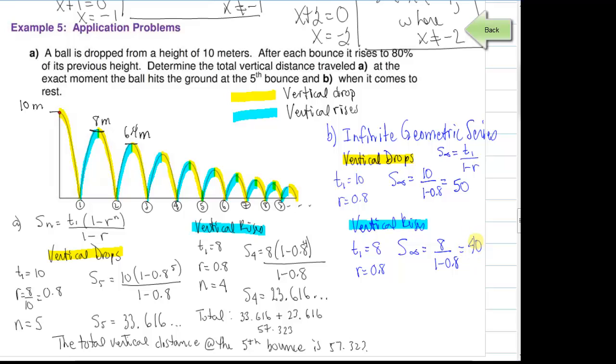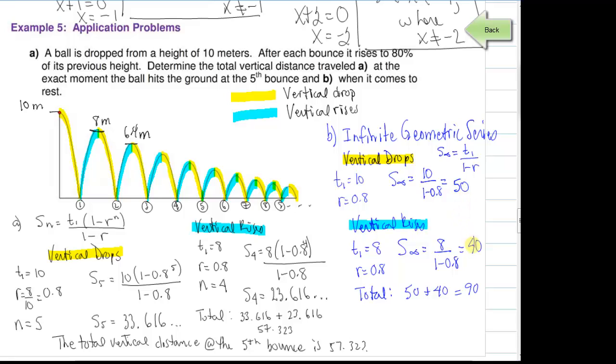Okay, so our total is 50 plus 40, which is 90. Once again, there's a shortcut for this also, because if you figure out what your vertical drops are, then you just have to take 10 away from that to eliminate this first drop, and that will give you your vertical rises.